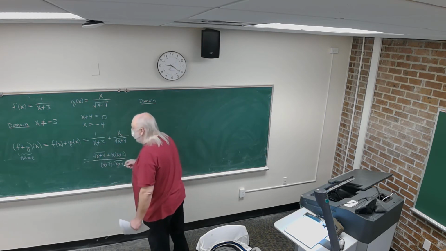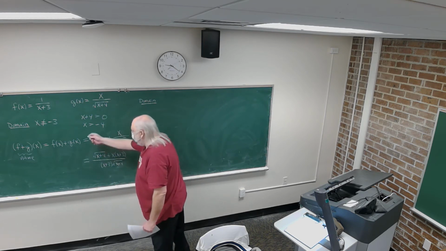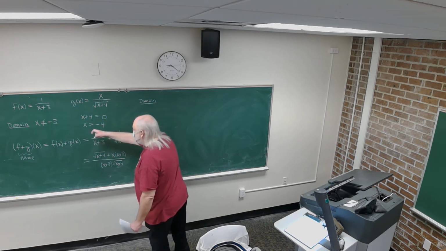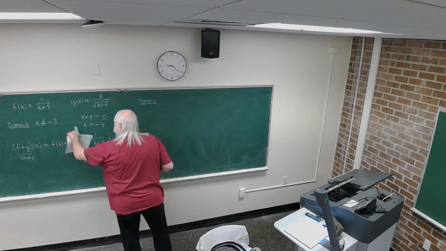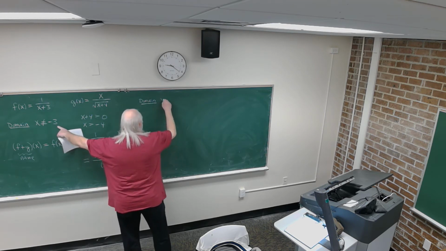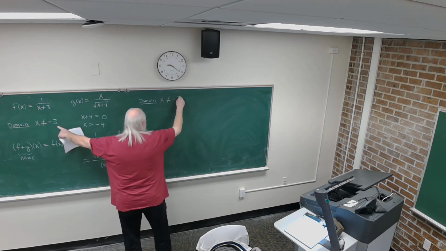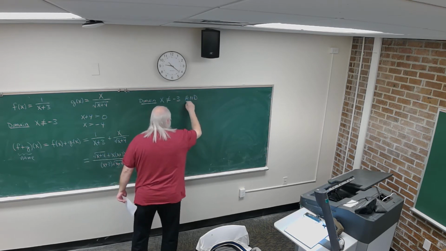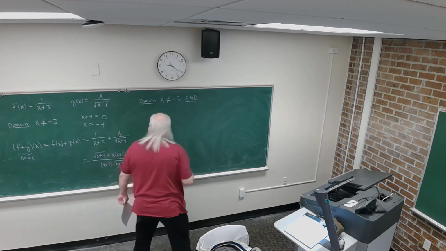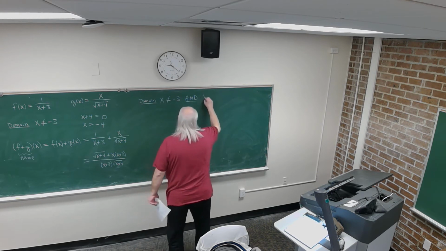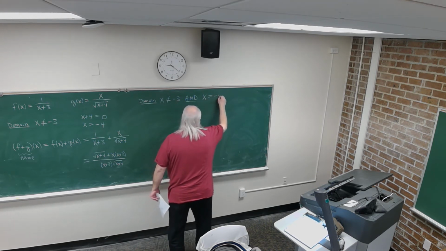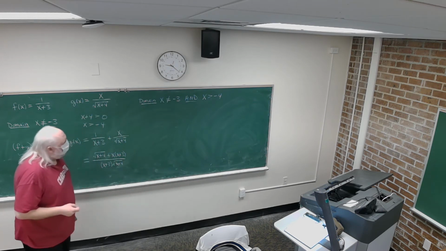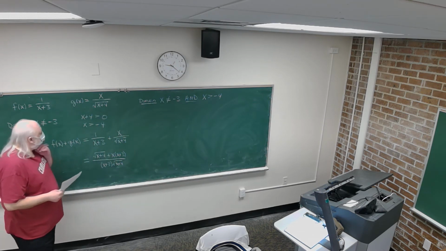The domain in inequality notation is the intersection of these two: x can't equal minus 3, and notice I'm using the word and, not or, and x has to be greater than minus 4. So I get the intersection of these two domains.